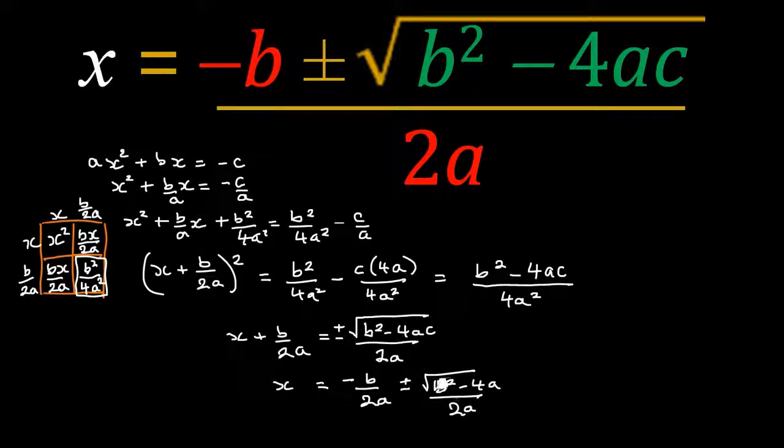And that means we can join it together. We end up with x equals minus b plus or minus the square root of our discriminant here, b squared minus, whoops, missed off the c, minus 4ac, all over common denominator of 2a.